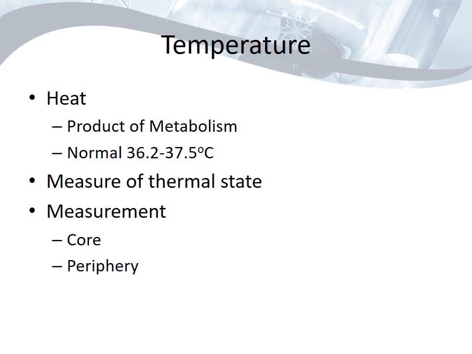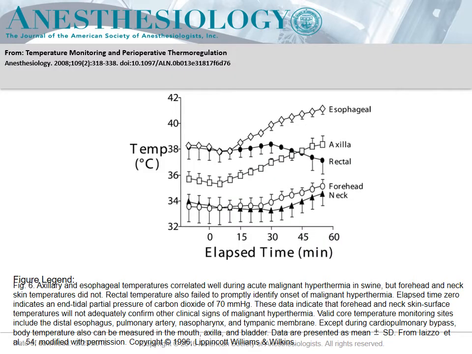The two that were the most sensitive were esophageal and axillary. Esophageal is a great site, but it'll just show the temperature change more quickly. Also, I want to point out that if you were doing a skin temperature probe and somebody had MH, it would take some time before you would notice the temperature.